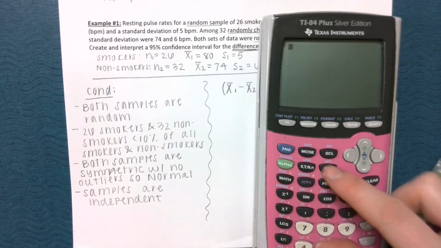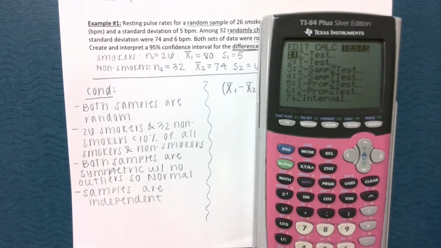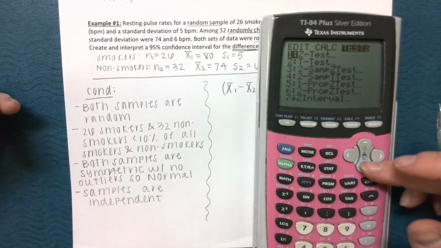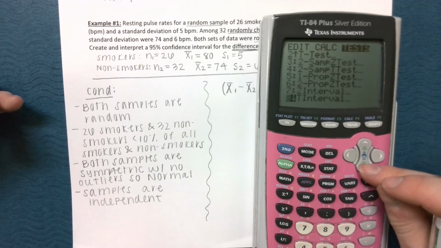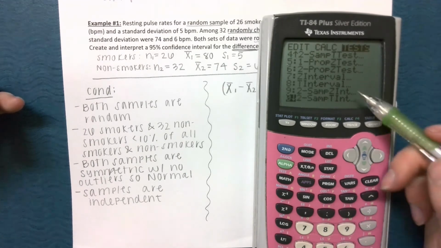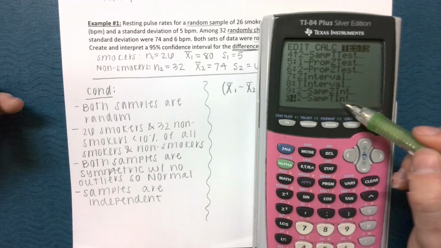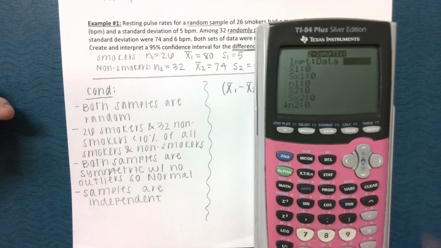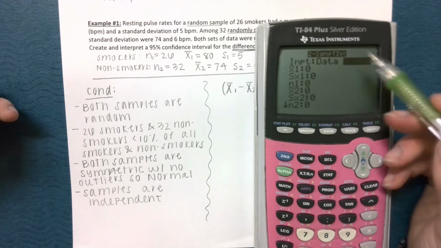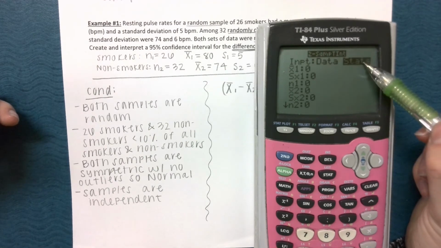I'm going to go to Stat, Tests, and I am looking for a 2-sample t-interval. So I see a 2 sample t-test. Looks like here we go. 2 sample t-interval. So what I'm looking for should be 0 on your calculator. Okay, again, it's going to give you the option for data or stats.